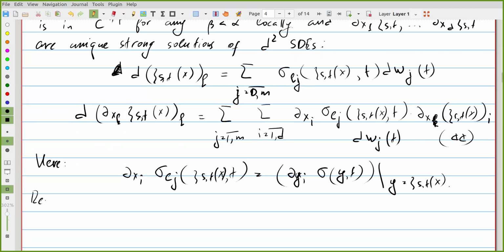So remark, how is it obtained? By just formally differentiating the coefficients.